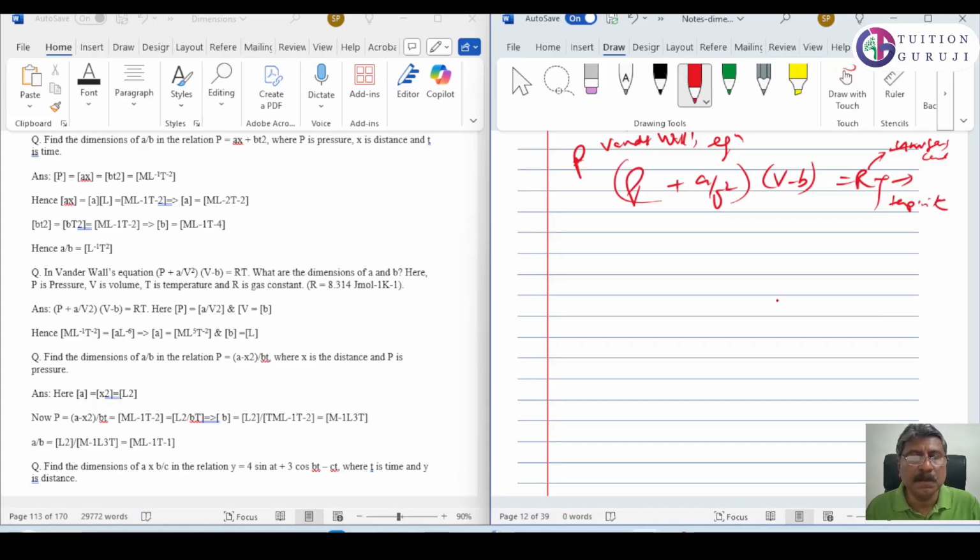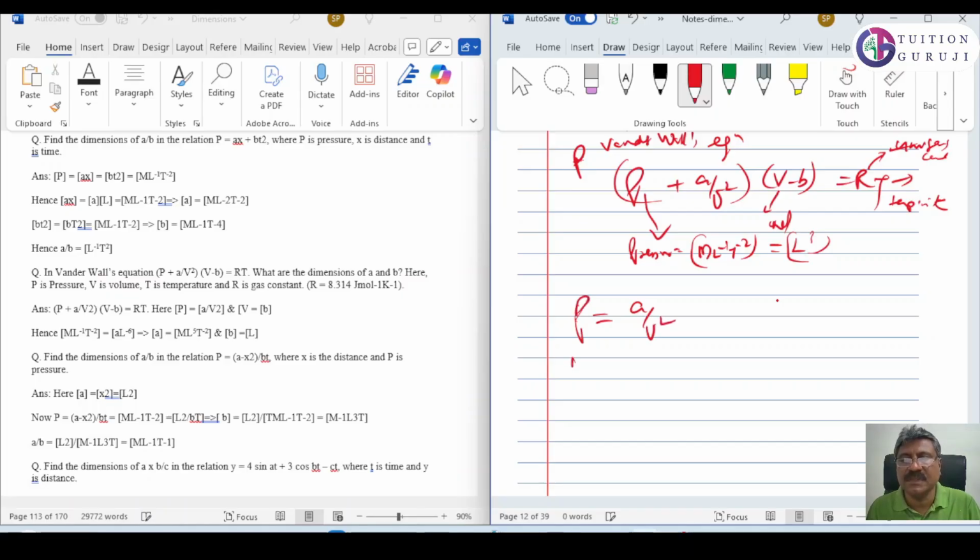So v is volume, which is equal to L cube. Then P is pressure, which is M L raised to minus 1 T raised to minus 2. So P is equal to a by v square naturally.